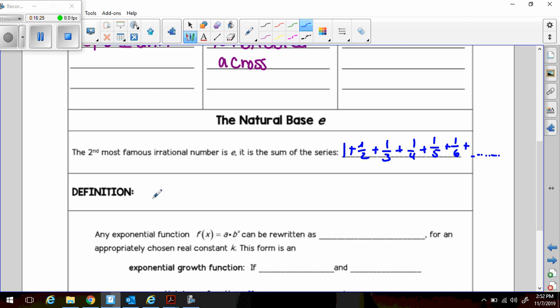So the definition of E, we actually have a limit definition of this, is the limit as x goes to infinity of 1 plus 1 over x to the x. So it also is an exponential. It goes to the x power.